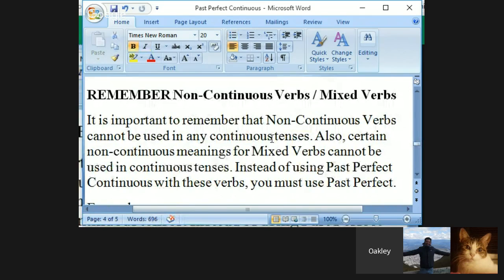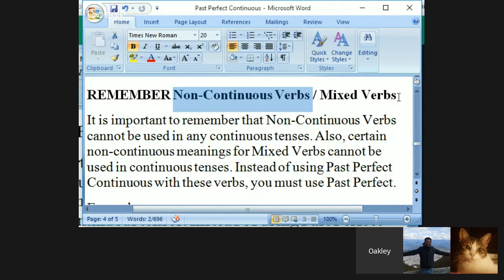Okay, all right. Something else very important that you have to know when you're dealing with any and all continuous verb tenses is that some verbs cannot be used at all, ever, with the ing or continuous tense. Any continuous tense, past, present, future. They simply cannot.